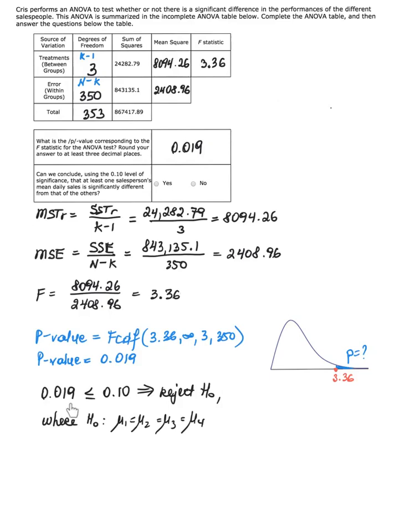Because the p-value of 19 thousandths is less than or equal to alpha of 10 hundredths, we reject the null hypothesis, which states that the means are the same. Because of the rejection of the null hypothesis, we can conclude that at least one salesperson's mean daily sales is significantly different from that of the others. Therefore, I am answering yes on the last part.